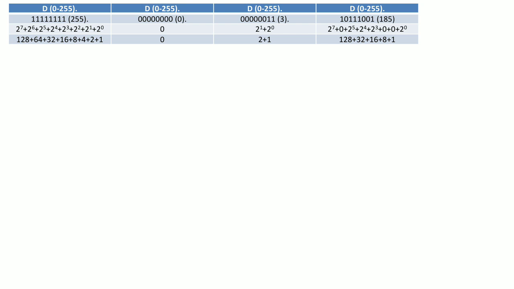So each decimal value in an octet ranges from 0 to 255. Actually there are 8 bits in each octet, and the value of these bits can be 0 or 1.